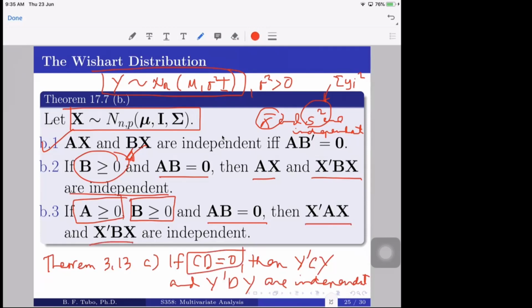Then this form here. So univariately you can see that this is a function of xi square, and this also is a function of the summation of xi square, and then you have a matrix component in between. So if you can show that the product of A and B is 0, then we say that the whole things here are independent.